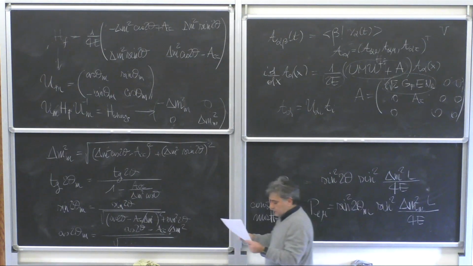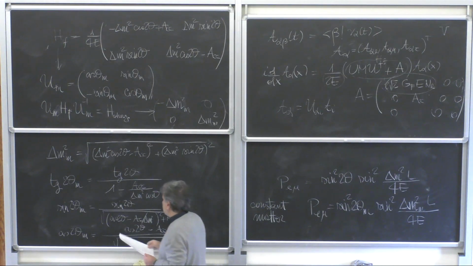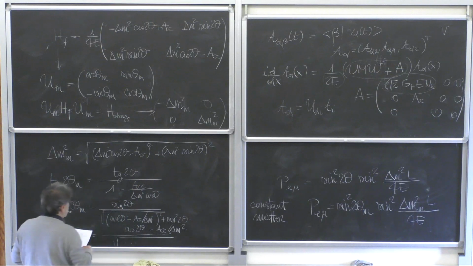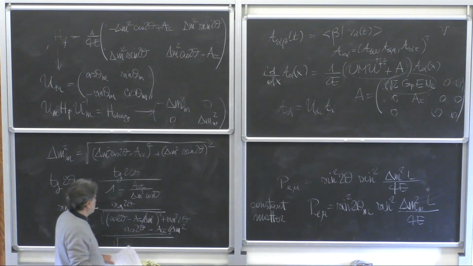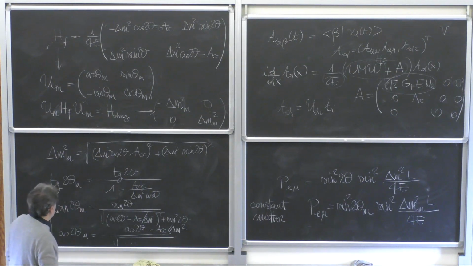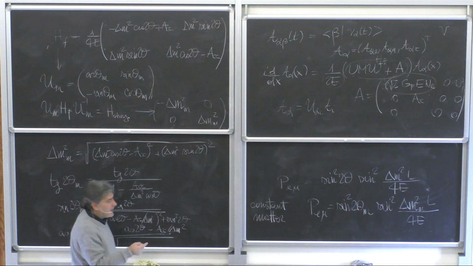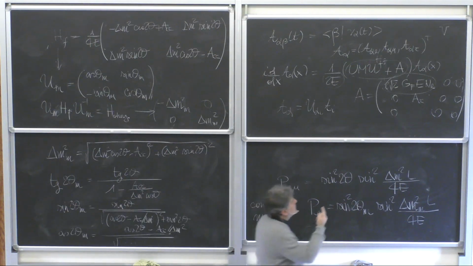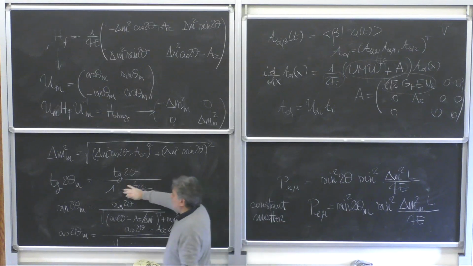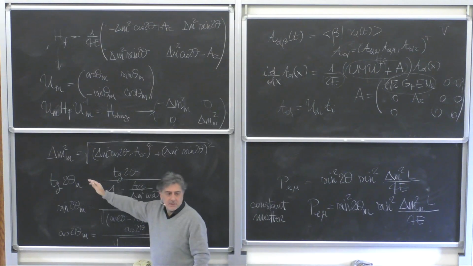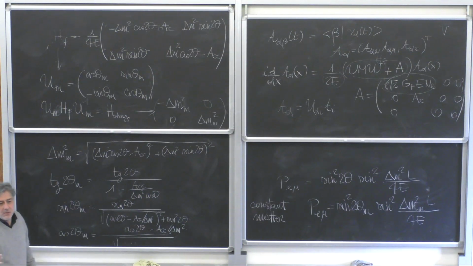Okay, now let's do just one consideration, because this is a consistency check. When A, the matter potential, ACC, is 0, this is 0, this is 1, the matter mixing angle is equal to the vacuum mixing angle.